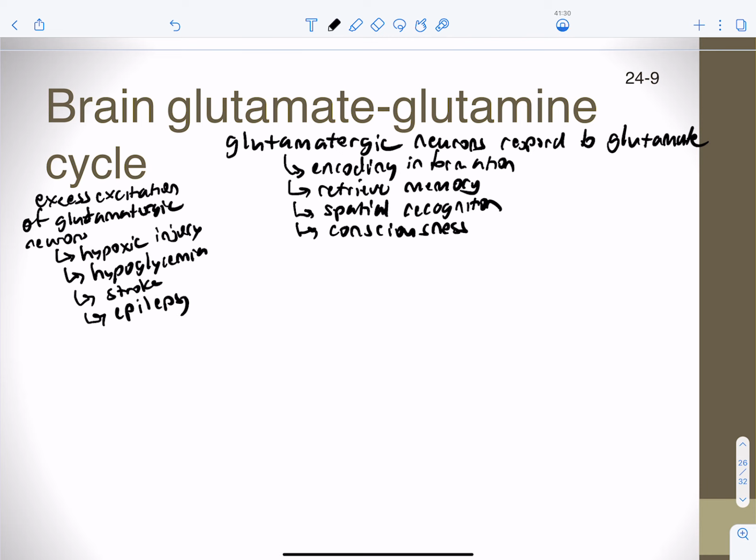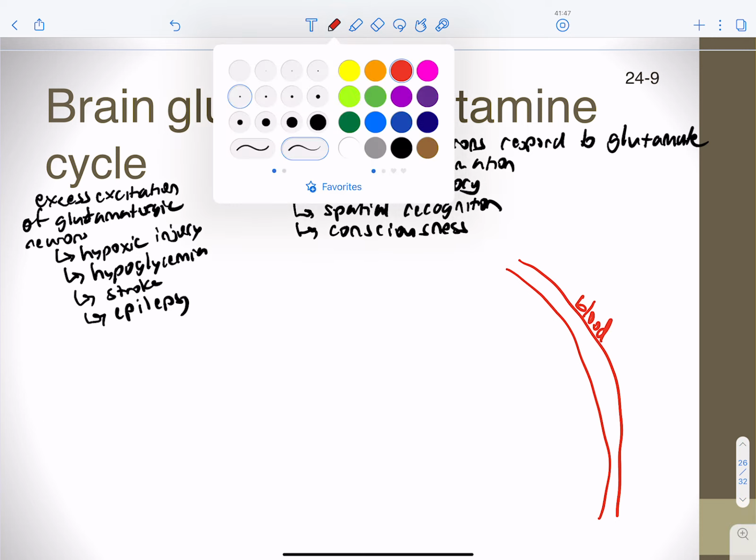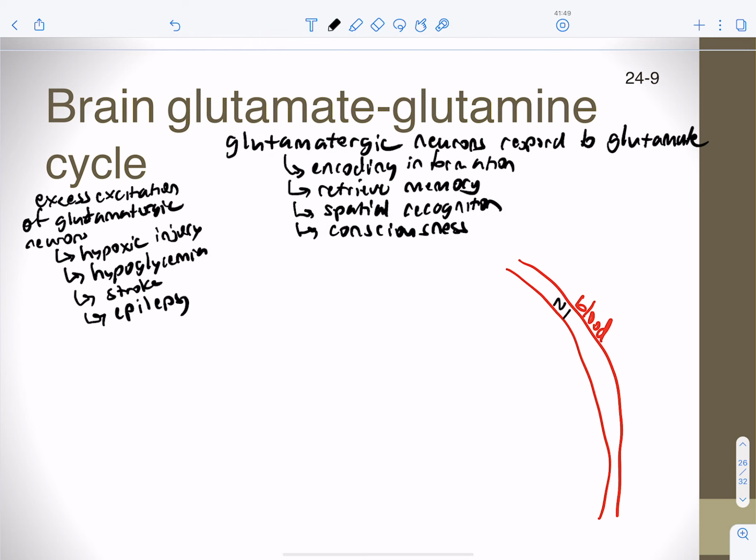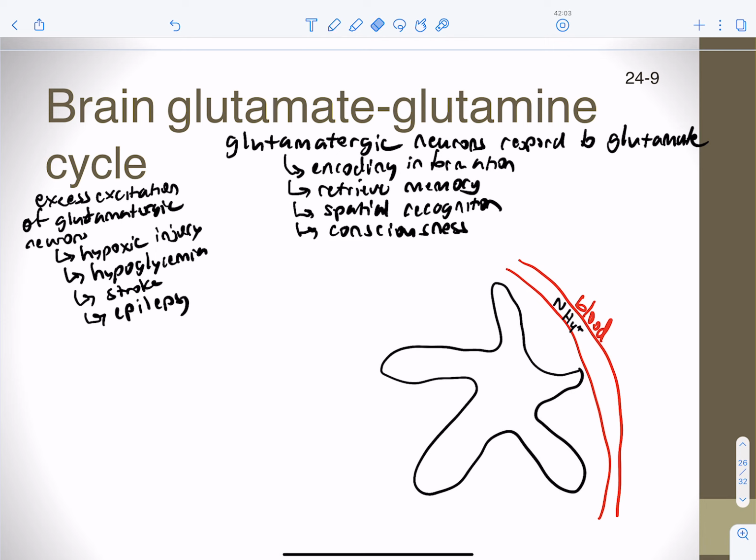So the brain does have a glutamate-glutamine cycle. And so how this happens is that you have your capillary, and in here you will have your NH4 or NH3, and then you'll have your astrocyte.